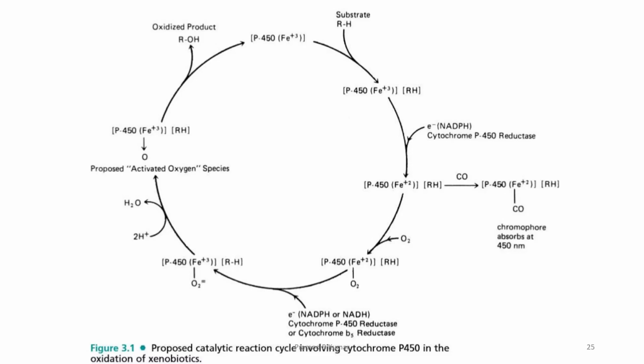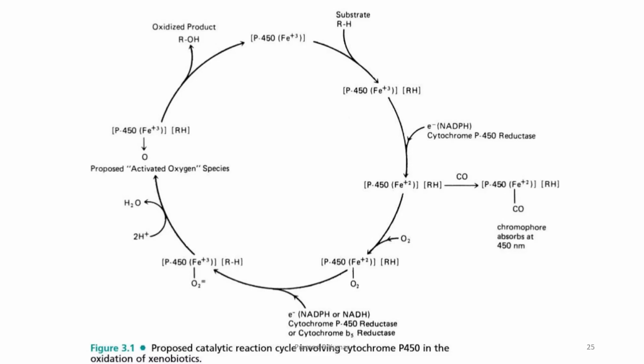So it is the reduced form, and oxygen gets introduced. Now again the NADPH will give one electron in the presence of cytochrome P450 reductase. Your O2 gets activated, converted into an active form. At this stage, it will react with two protons, H+, to form water.